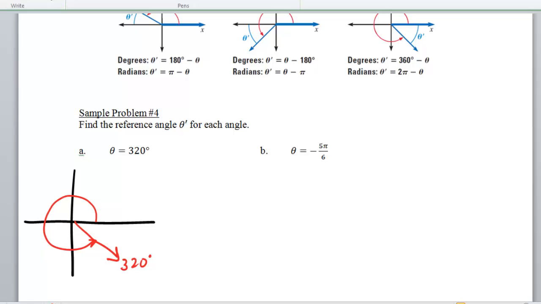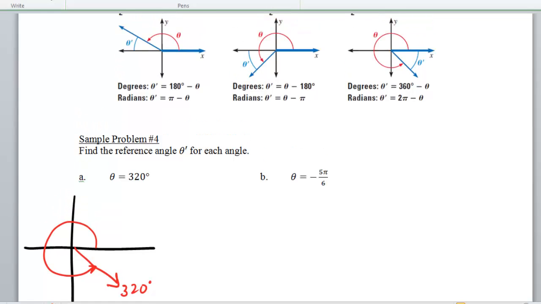Now what that allows me to do is to know what my reference angle is going to be. And if I'm in the fourth quadrant, my reference angle is going to be from the x-axis down to the 320 degree angle. And so what I'll want to do is take 360 degrees, subtract my given angle, and what will be remaining is 40 degrees, and that's going to be my reference angle.